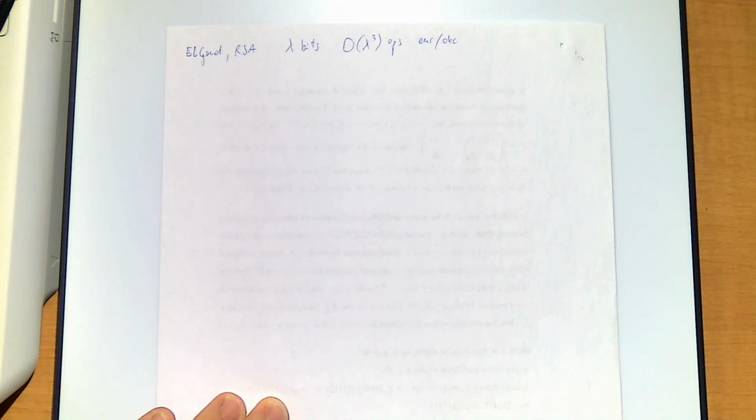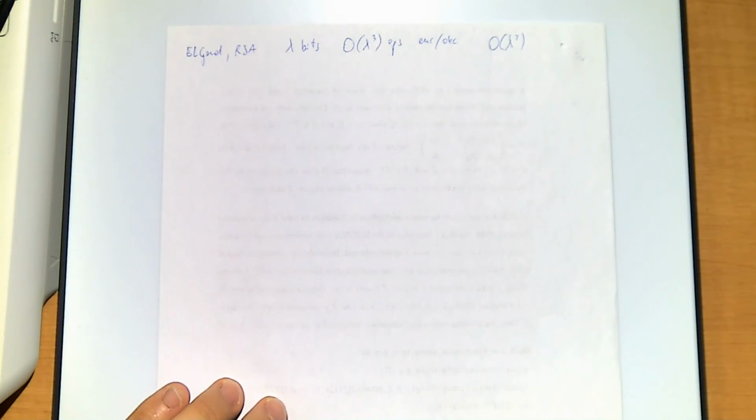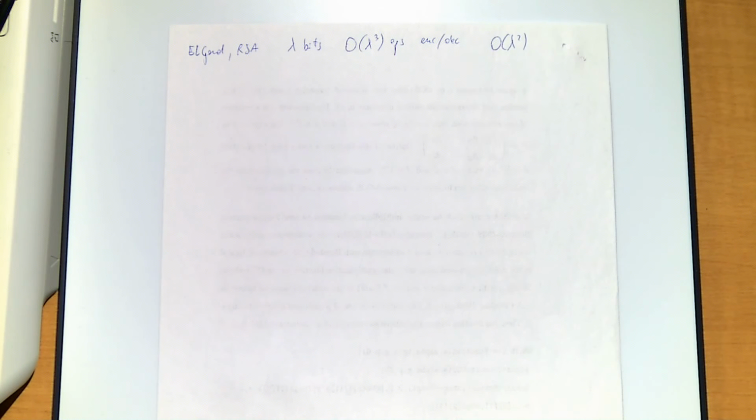In the particular case of RSA, for example, encryption and decryption are exactly the same thing. You do an exponentiation, and then you get, very roughly, a lambda cubed. Whereas for encryption and decryption, for say lattice-based and code-based crypto systems, you get something like O of lambda squared. So you get a speed advantage, and it's very easy to implement too.